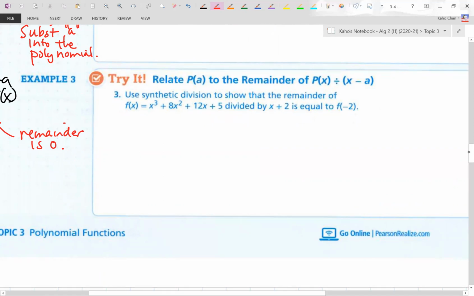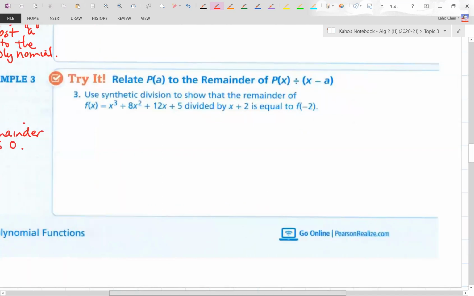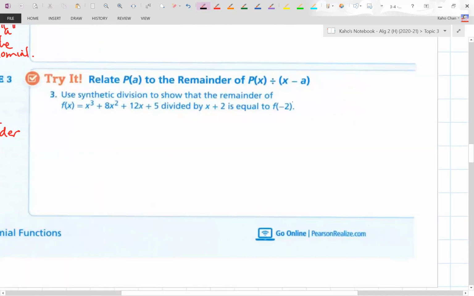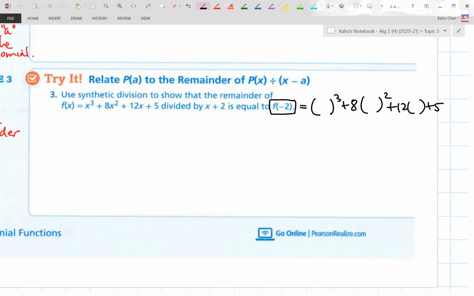So what I'm going to do first is the second half of this question. I'm going to actually focus in on finding f of -2. Basically, they want us to replace x with -2 in the function. Here we go. The function is x cubed plus 8x squared plus 12x plus 5. I'm going to put in the -2.